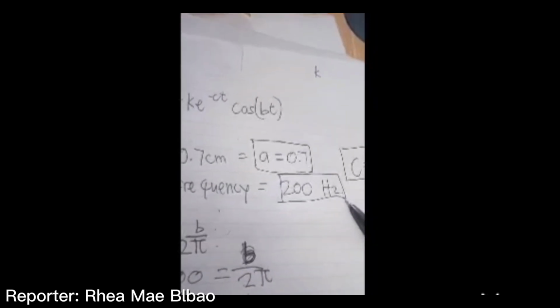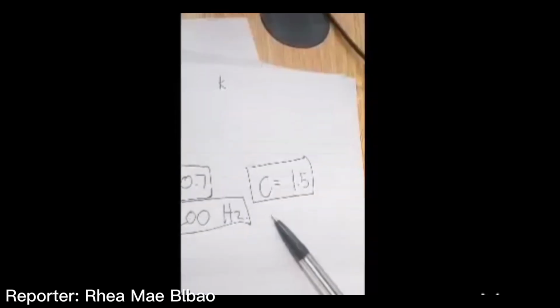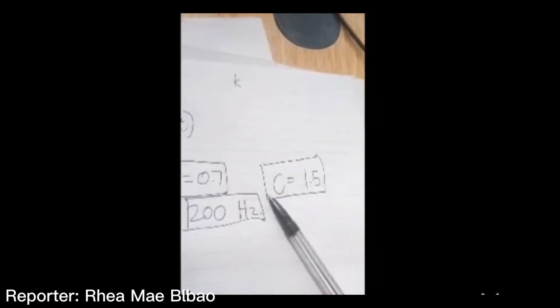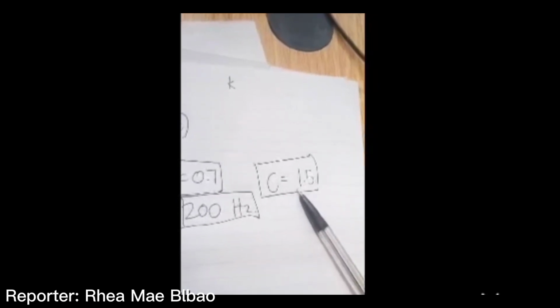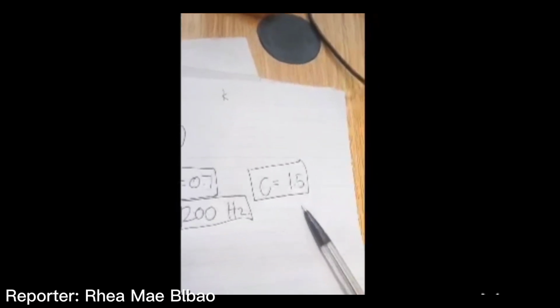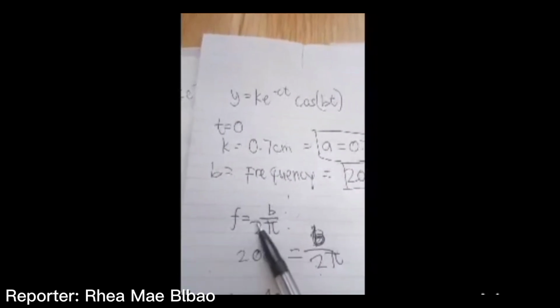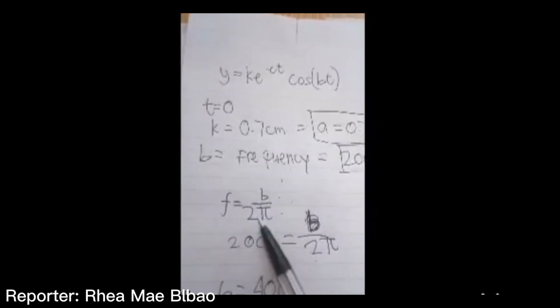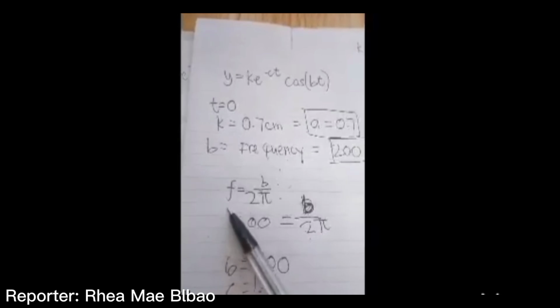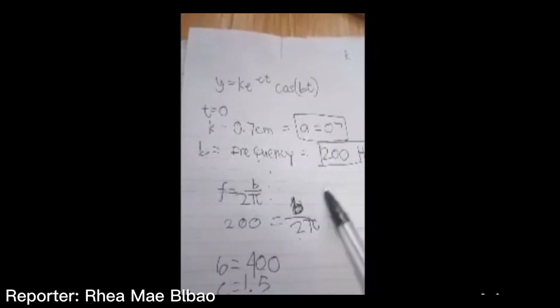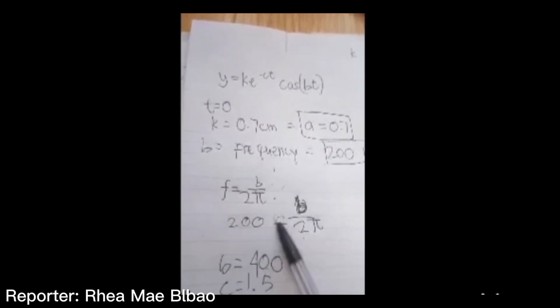The given constant c equals 1.5. So, the formula we will use is f equals b over 2 pi. The frequency, which is 200, so b over 2 pi equals 200.